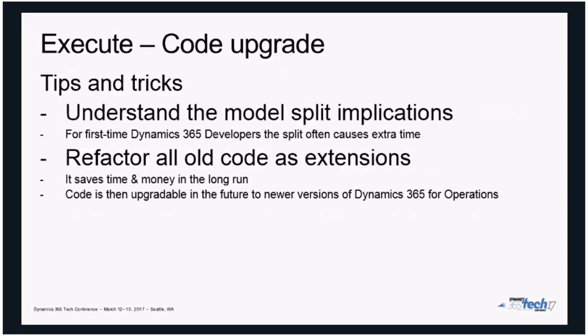A few more things that are really going to impact you and are new to Dynamics 365 during the code upgrade. That's the model split. That's going to cost you extra time. In the previous version, 2012, we had just one model store, but right now we have multiple packages, and all those packages have dependencies between them. So in a sense, imagine that you have multiple model stores running at the same time with dependencies between objects.